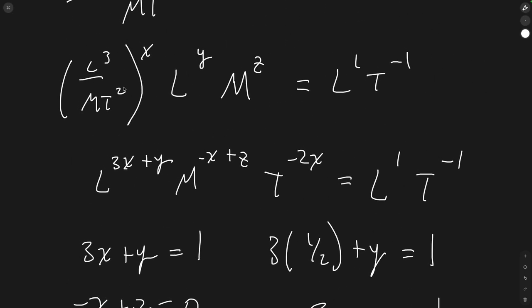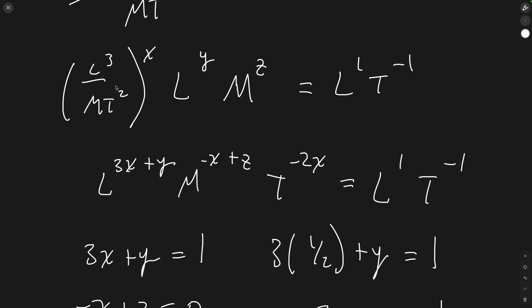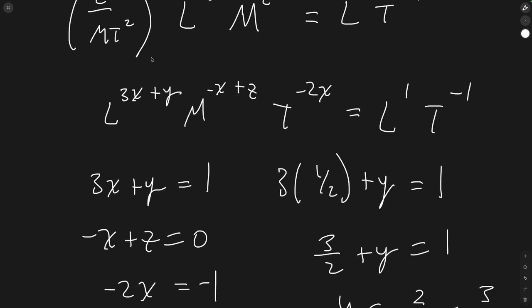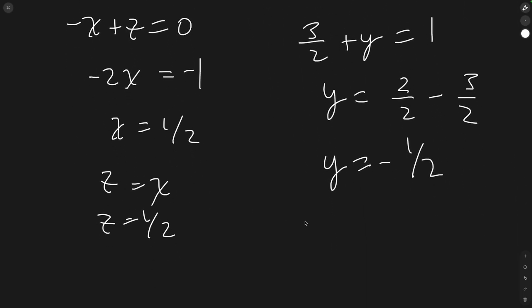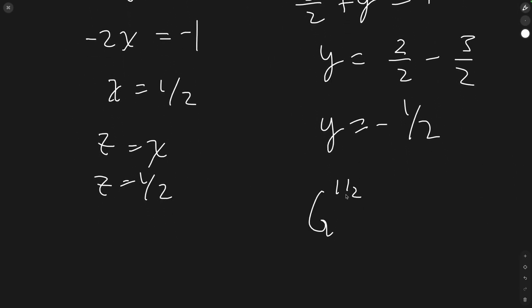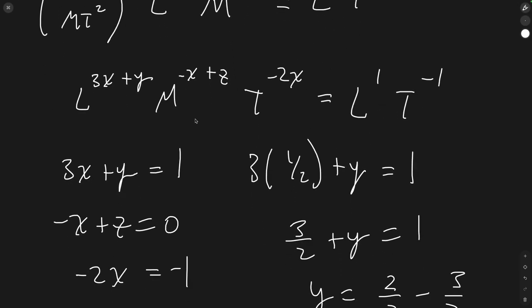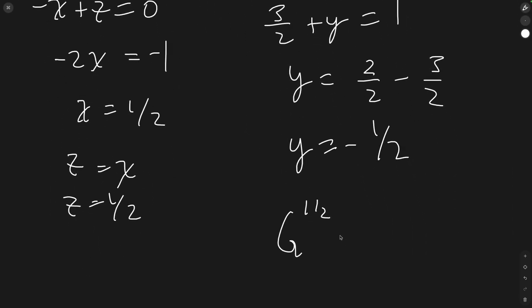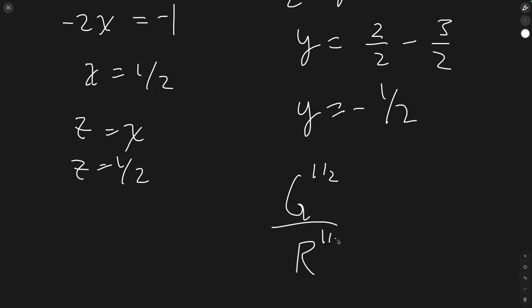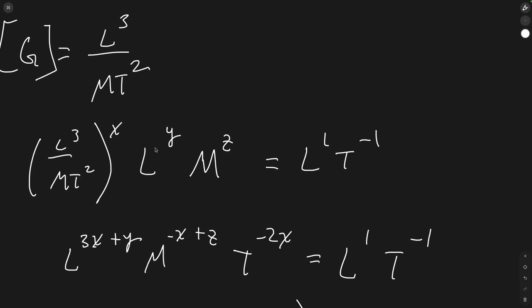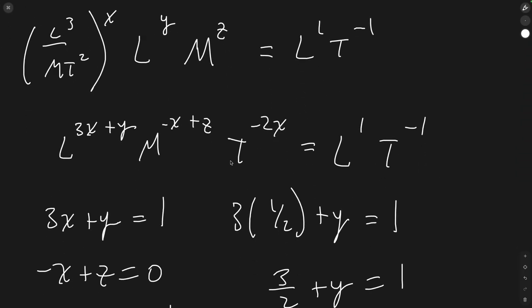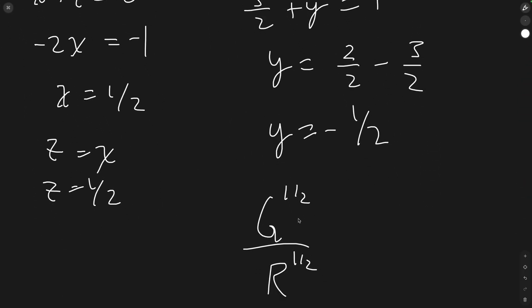So going back to this, our big G gets raised to a half. Our radius of the Earth gets raised to a negative half. So you can put that down here. And then our mass of Earth gets raised to a half.